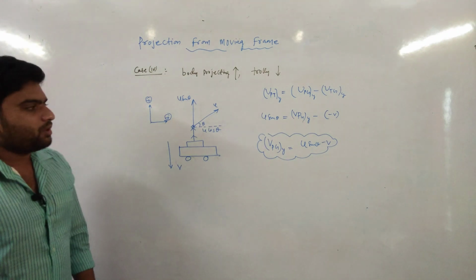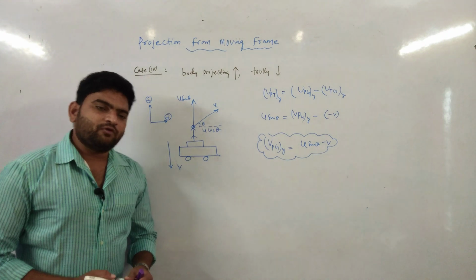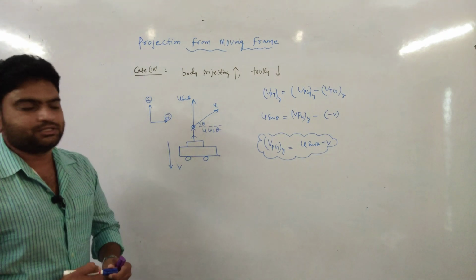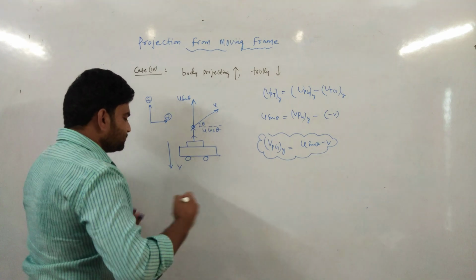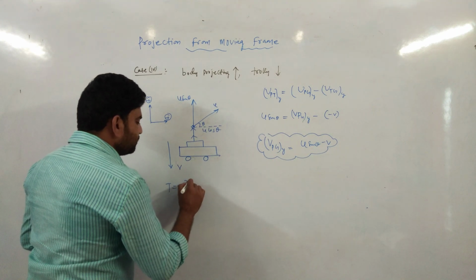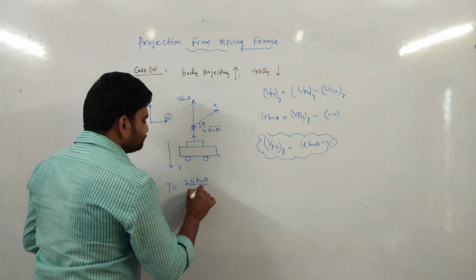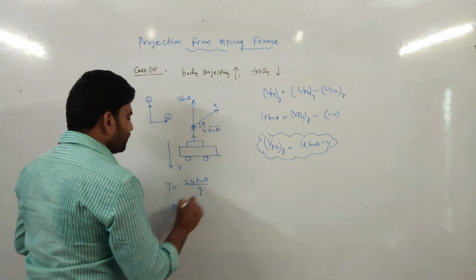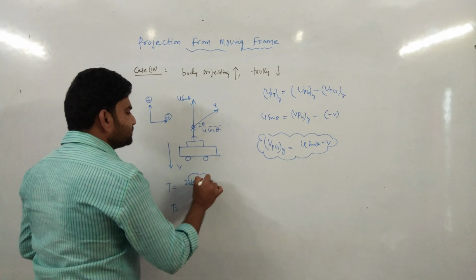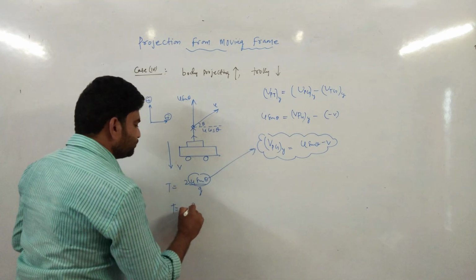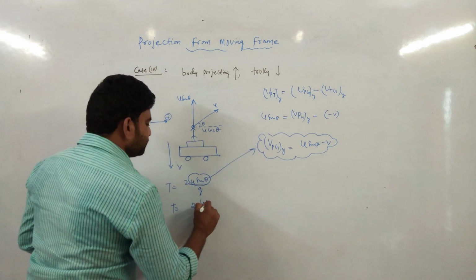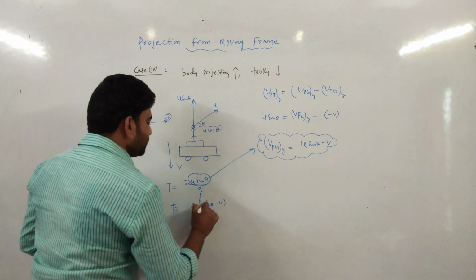Now we will see the corresponding values of time of flight, maximum height and range. Time of flight is generally 2u sin theta by g, but here u sin theta is replaced by this value, so it becomes 2 into (u sin theta minus v) by g.